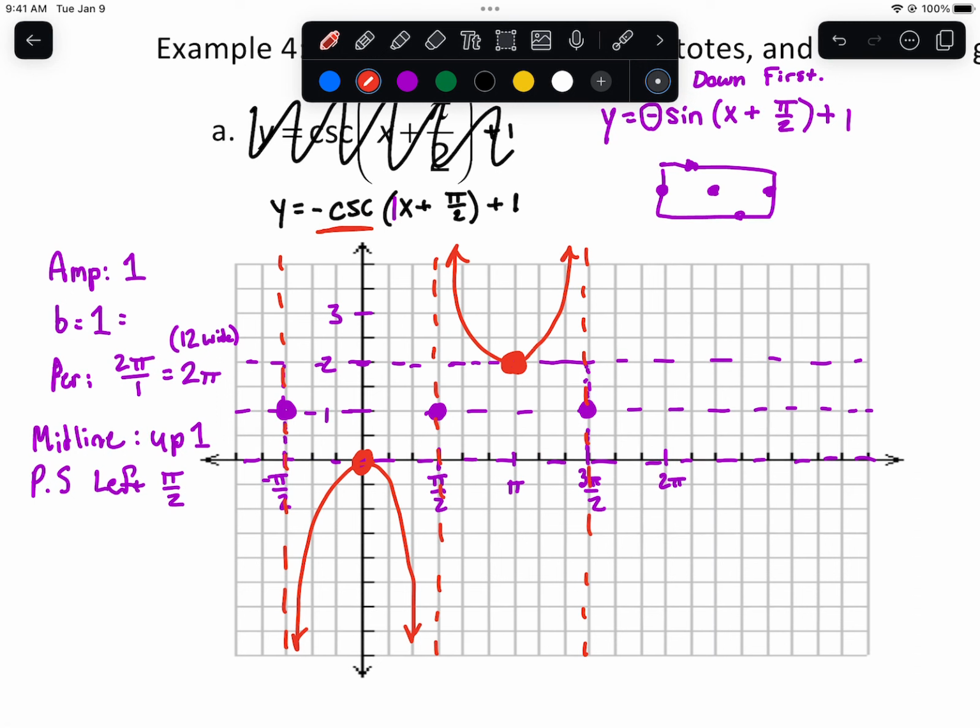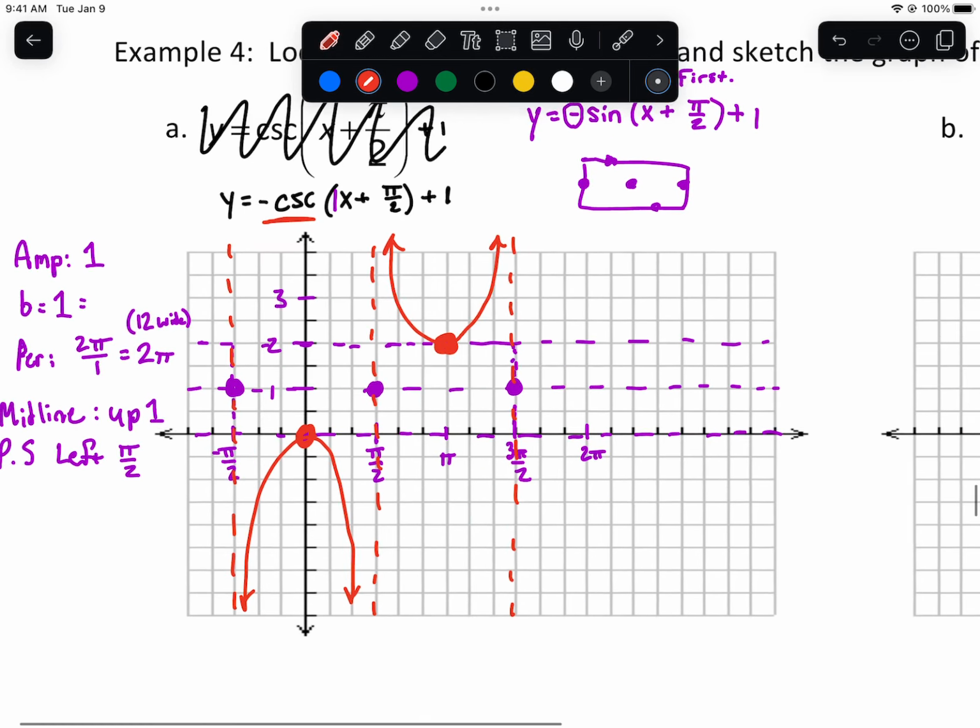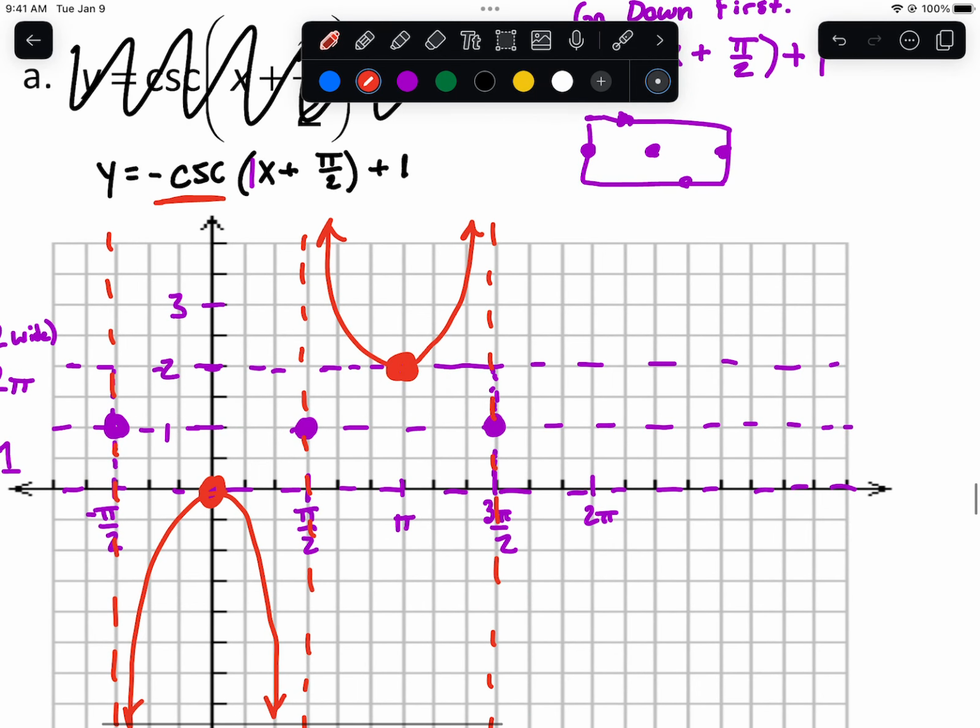So what I have here in red is the final answer. This is the cosecant. It's got the left pi over 2. It's got the plus 1. It's got the same period, and then it's got the negative out in front. Now, once you start to get a pattern going here, you can actually extend it. Like you could get another low point 3 ticks away from this point right here.